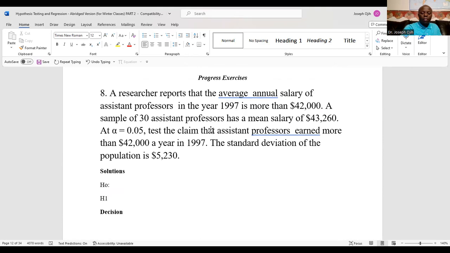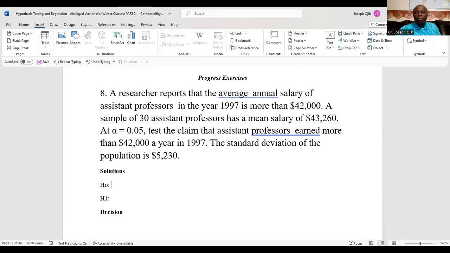We can only use the equal sign in the null hypothesis. So we insert the mean: the mean equals $42,000. Then the alternative is the opposite of that. We say that average salary is more than. Oh, my mistake. We say that it is more than.